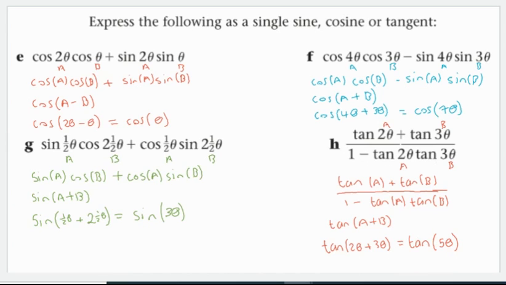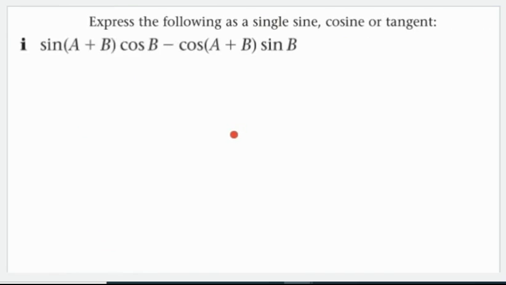There we go. Okay, let's do this one here. It says express the following as a single sine, cosine, or tangent. Same kind of thing. Instead of using a and b though, because a and b are already in the question, I'm just going to use x and y. So I end up with sine of x cos of y minus cos of x sine of y.